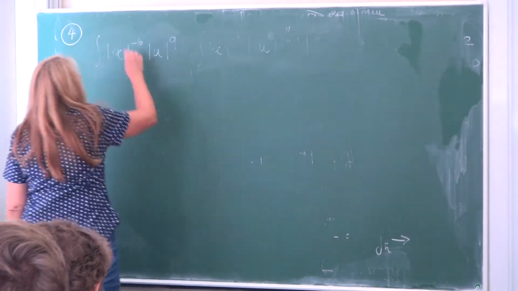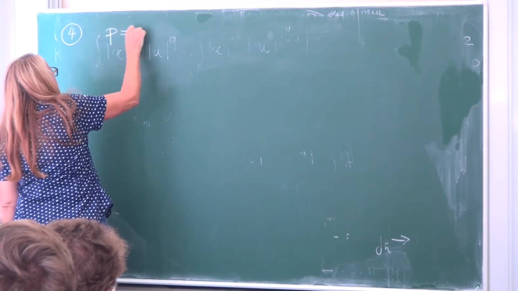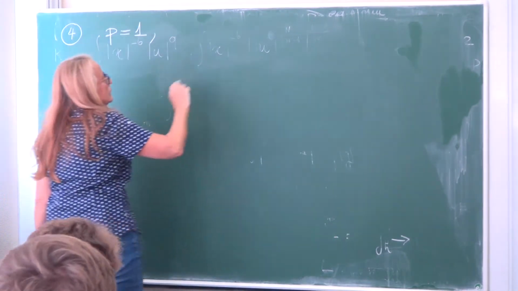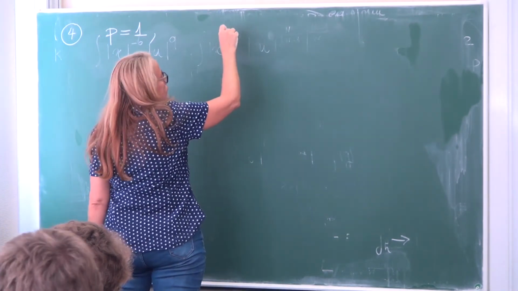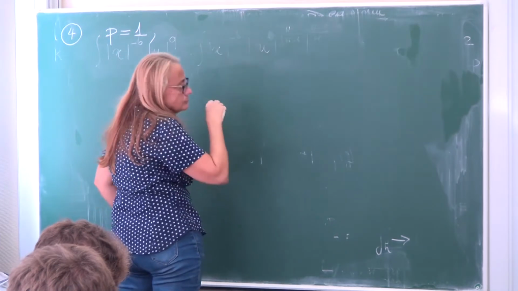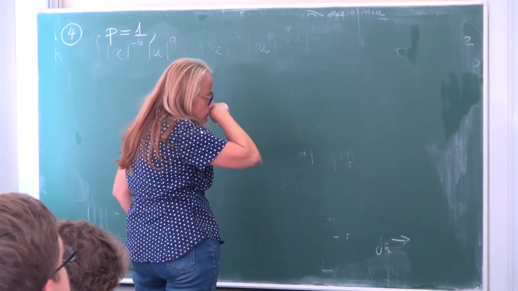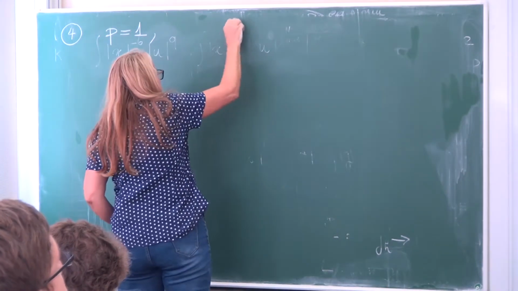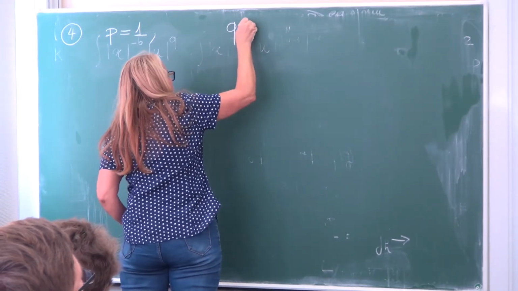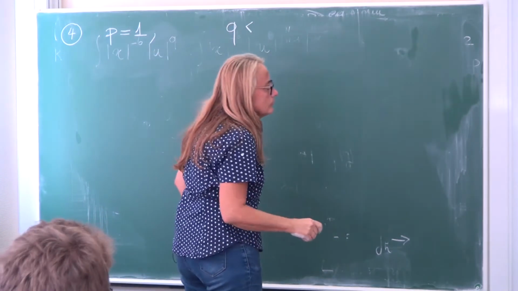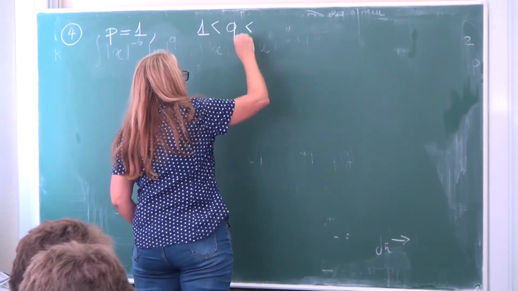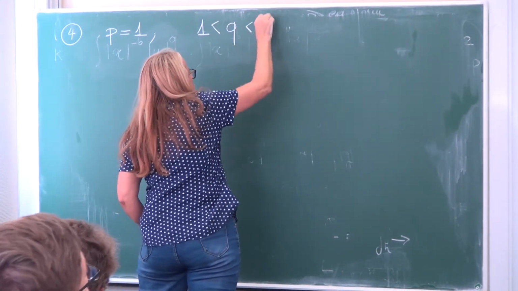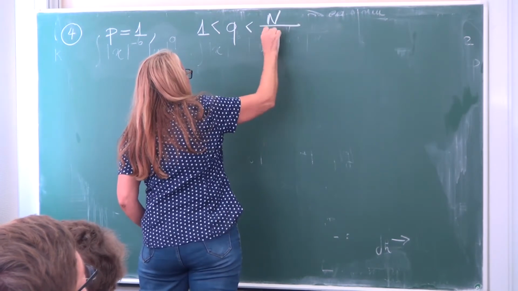But then the fourth step is always P equals 1, A as before, say, and Q greater than 1 and below the Sobolev exponent.